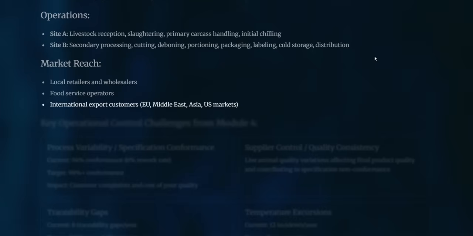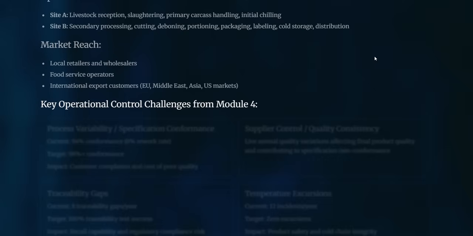And then we have international export customers that include EU, Middle East, Asia, and US markets. And the key operational control challenges from Module 4 are as follows. Those are our objectives, which we are going to control today realistically in real life, and we are going to work through it. We are going to design and control effectively together.